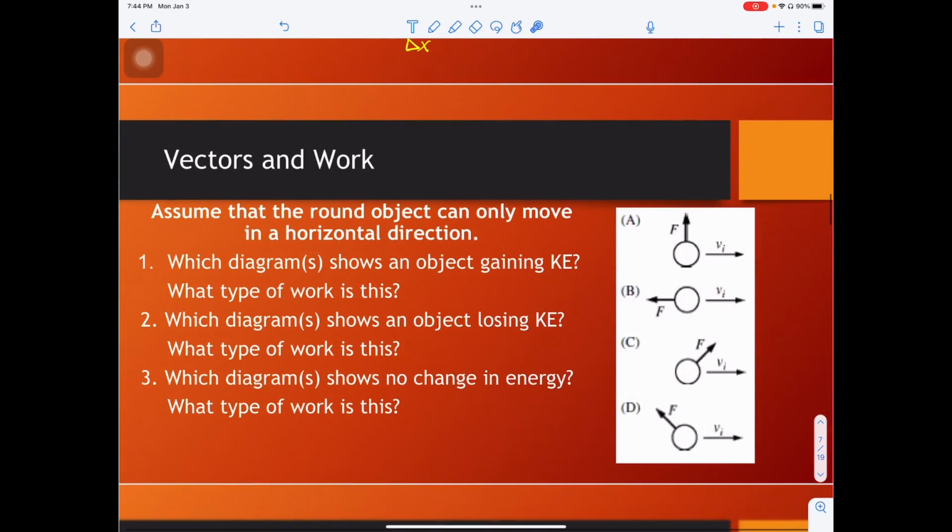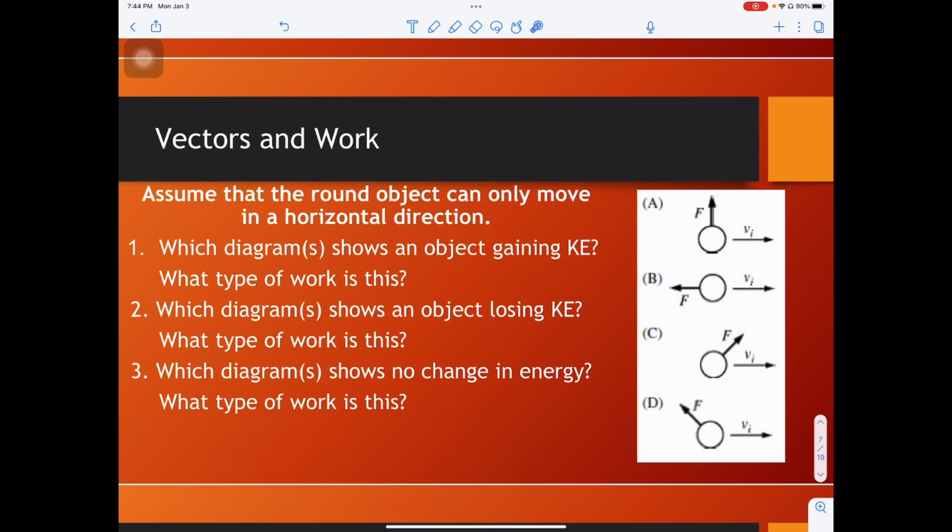Okay, so I've got a couple of scenarios where we can look at this third way. So assume that the round object can only move in a horizontal direction. Okay, so it can only move this way, right? Which diagram shows an object gaining kinetic energy? All right, so gaining kinetic energy means that the velocity is increasing, and the only way I can increase the velocity is when A and V are in the same direction.